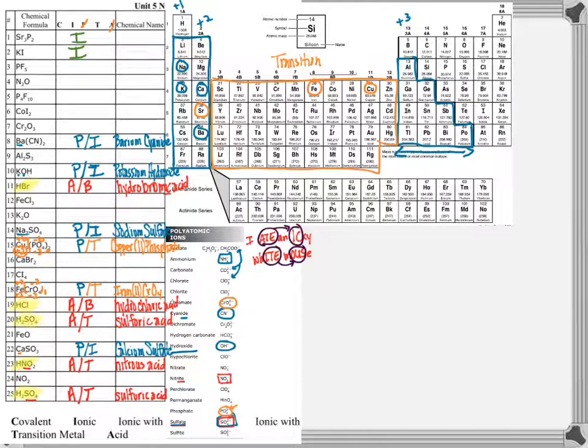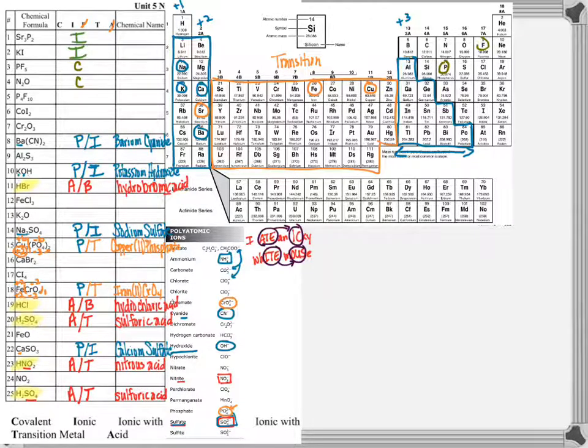Okay. K, again, it's in group 1, so it's ionic. Okay. PF, I look for phosphorus and for fluorine. Here's phosphorus. Here's fluorine, so it's 2 nonmetals, automatically that's covalent. Nitrogen and oxygen are both nonmetals, that's covalent.